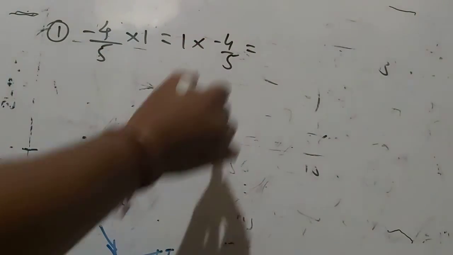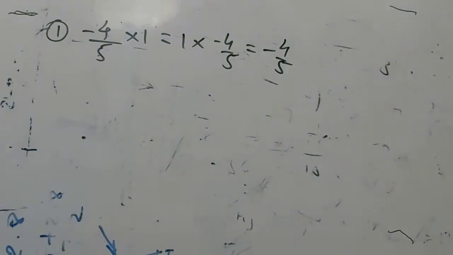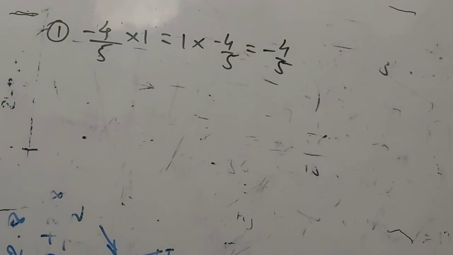Is equal to minus 4 by 5. See properly. Minus 4 by 5 is there, into 1 is there, and 1 into minus 4 by 5 is there, is equal to minus 4 by 5 is there.